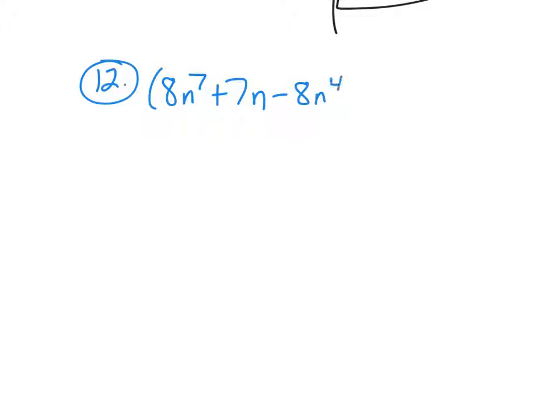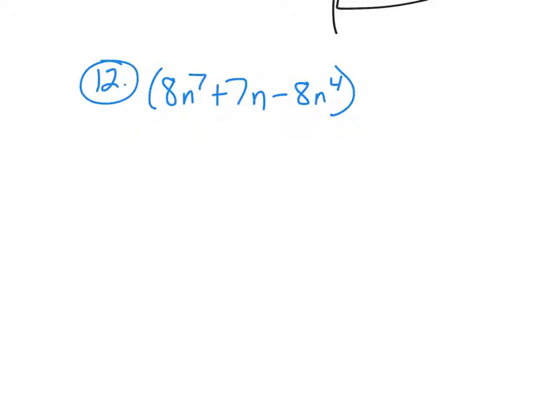That gets us into all the polynomials problems that we did in chapter 5. Number 12 off of that test had 8n to the 7th, I know that's a little hard to see, give me just a second here, plus 7n minus 8n to the 4th.